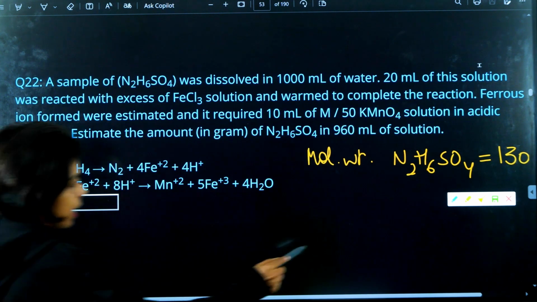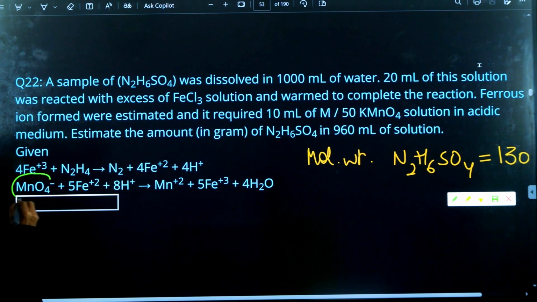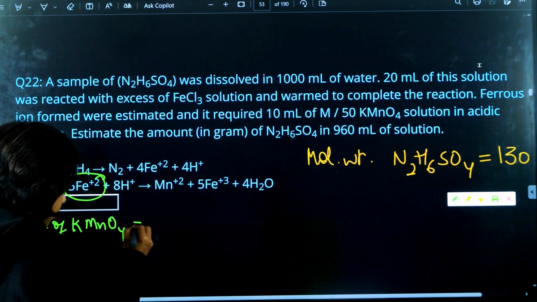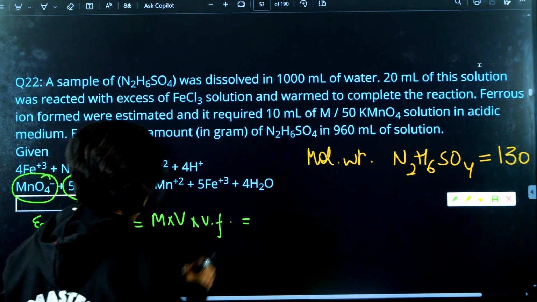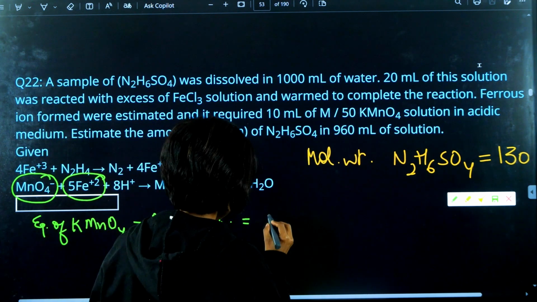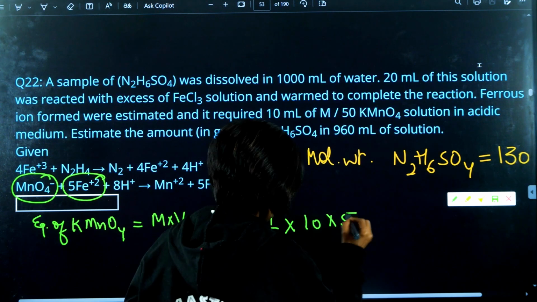For complete reaction, I can use the law of chemical equivalence. The equivalents of KMnO4 used here is equal to the equivalents of ferrous ion. So the equivalents of KMnO4 is molarity into volume into valency factor. Molarity is given to me, 1/50. Volume is 10 ml. Valency factor is 5.